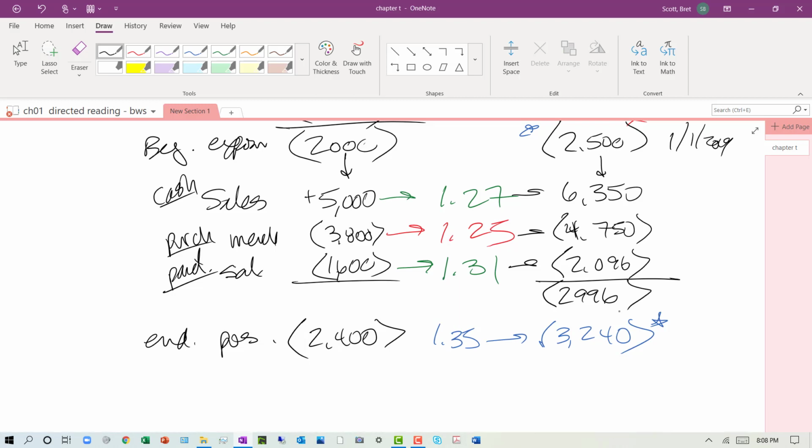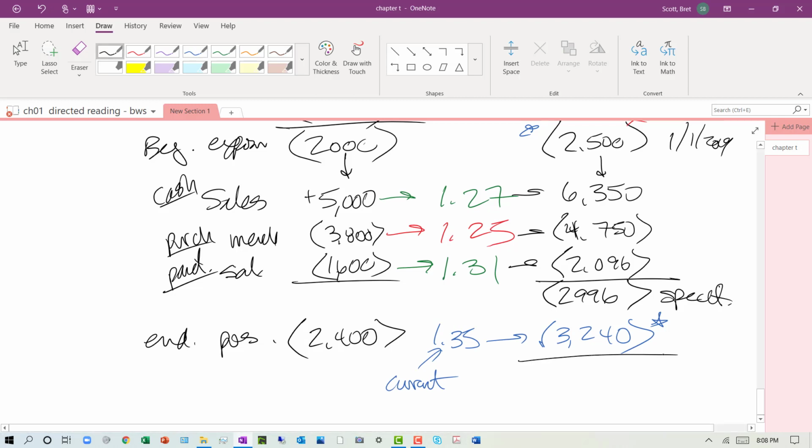If we were looking at this from a more specific position, I would say 2996 is now my ending position based on beginning plus and minus changes. But when I look at a pure translation standpoint using the current rates, I can use that to do a shortcut and quickly determine my change.